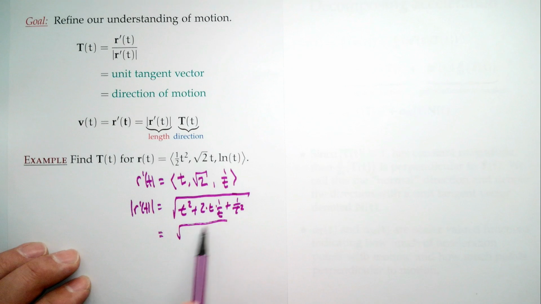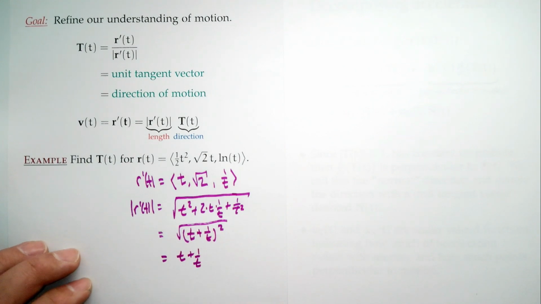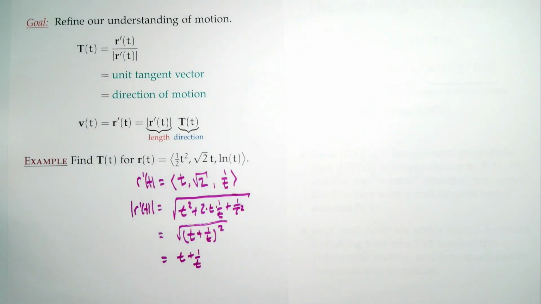So this becomes the square root of (t plus 1 over t) squared, which we'll write as t plus 1 over t. Now technically we should put an absolute value here, but we have to assume t is positive, and therefore we're okay.